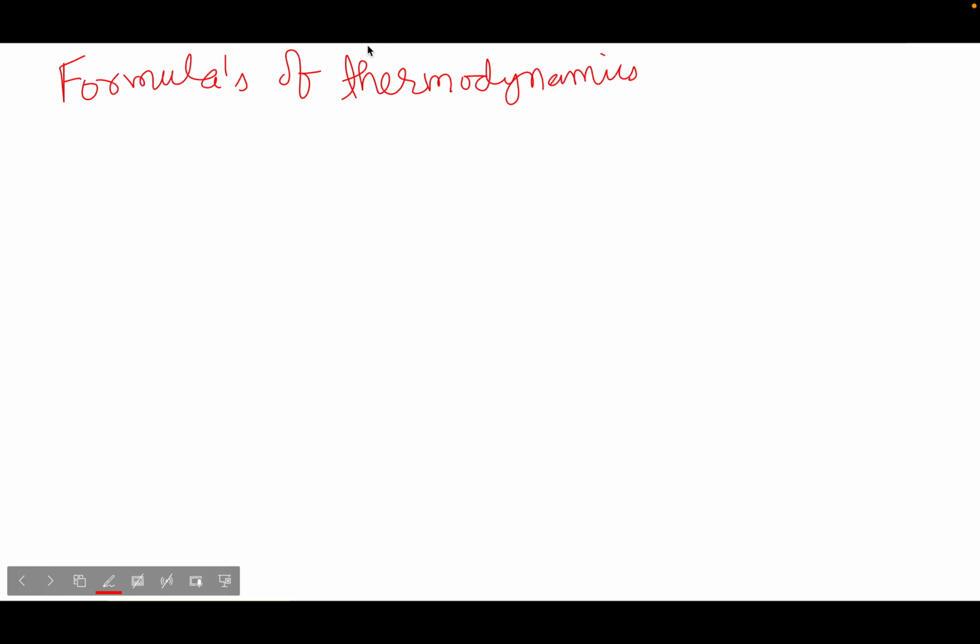Basically I'll solve a few questions on work done and delta Gibbs free energy, internal energy, entropy, etc. So I'll be writing the formulas related to that, and after that I'll move to the question part.